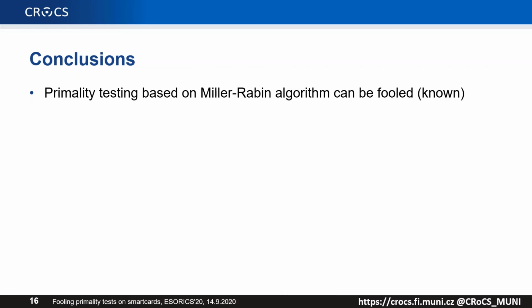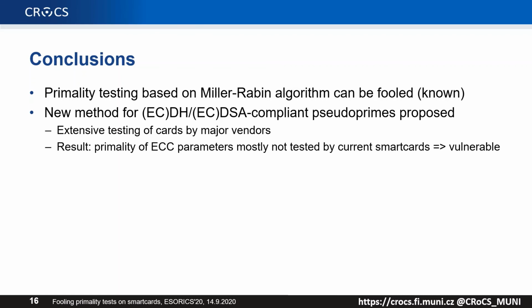It's well known that primality testing based on the Miller-Rabin algorithm, if not implemented correctly, can be fooled. And we proposed a new method for how to test primality testing in case you can't directly call the primality testing functionality.